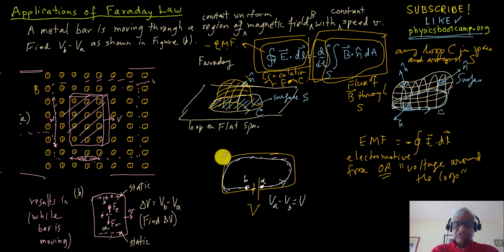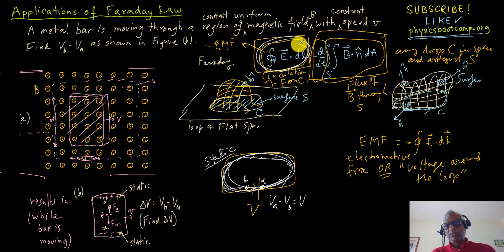So in a static situation, if I go around a loop, you're always going to get 0. But over here, I'm doing exactly the same thing, going around the loop for the electric field and collecting voltages, and yet there is a leftover because the flux is changing. It's d/dt, the rate of change.